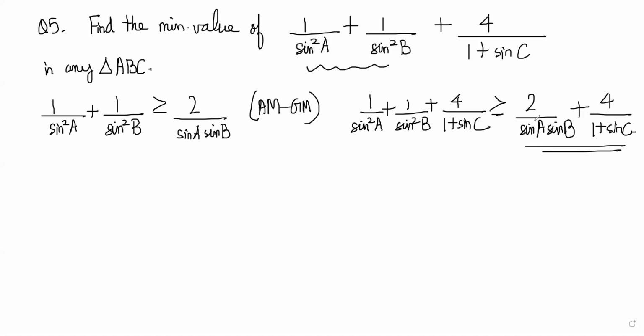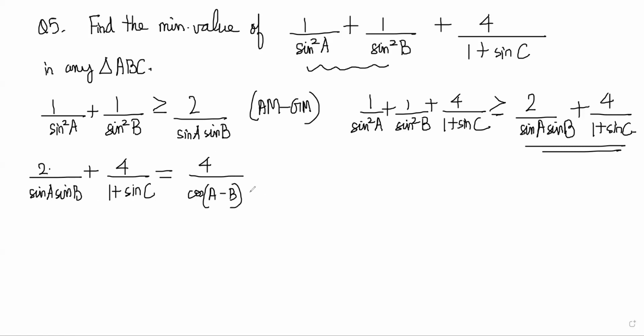Now, on the right hand side, 2 by sine A sine B plus 4 by 1 plus sine C is equal to 4 by 2 sine A sine B. I am multiplying this by 2 up and down, and 2 sine A sine B using trigonometric identities can be written as cos(A minus B) minus cos(A plus B). So this is becoming 4 by cos(A minus B) minus cos(A plus B) plus 4 by 1 plus sine C.